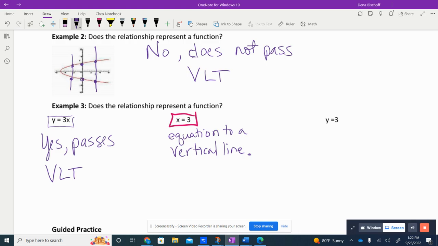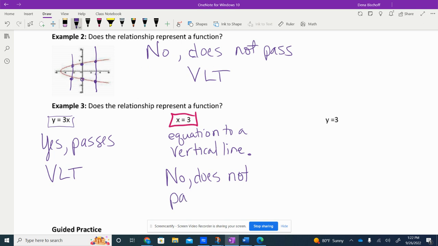So if I drew a vertical line, it lays right over the top of the vertical line that we're talking about, right? So it's going to touch it infinitely many places. Okay. What about this equation?